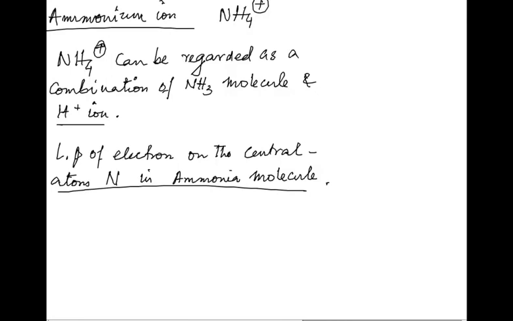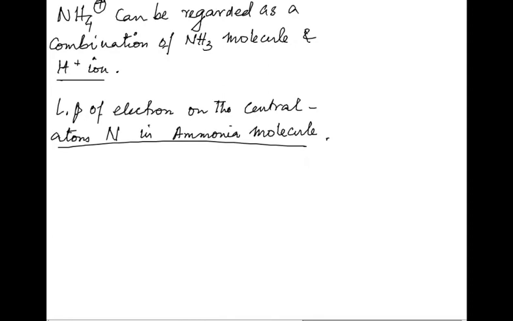This lone pair of electrons is donated to the H plus ion, and thus there is a formation of an N-H coordinate bond, and the formation of the NH4 plus ion can be explained. So let us draw the diagram.